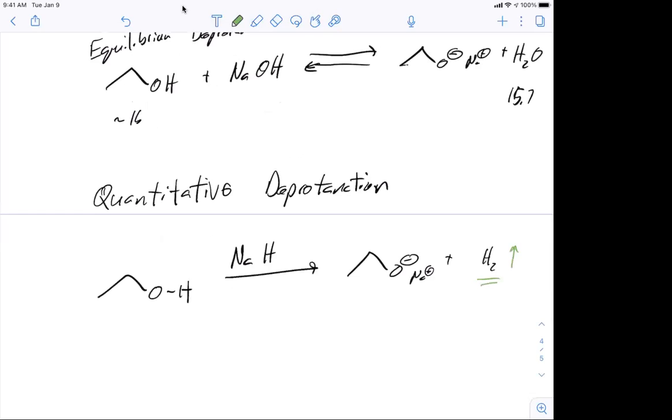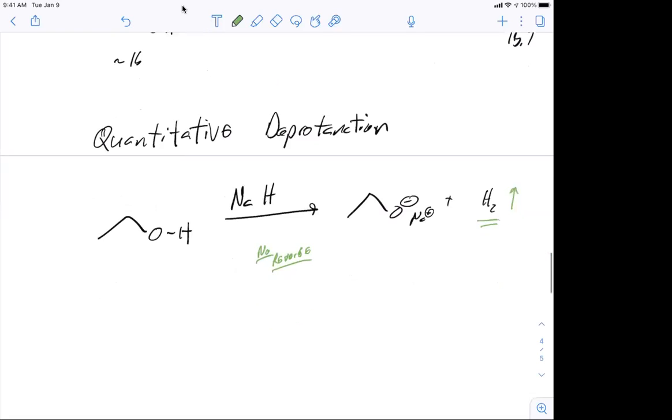So this reaction is going to go forward, no reverse, right? The difference between the pKa's, the pKa difference between the hydrogen and the alcohol is very distinct, right? We're talking pKa value around 60 versus pKa around 16, and then we're losing the hydrogen, right? So this is going to go quantitative.